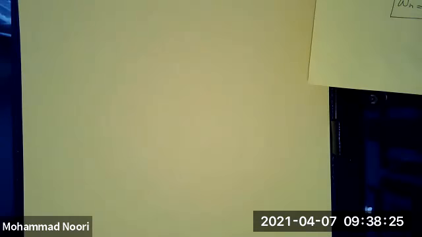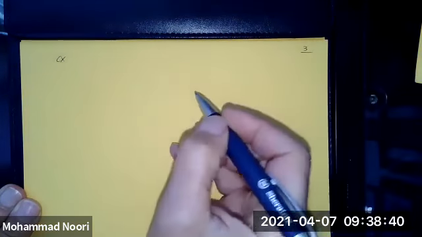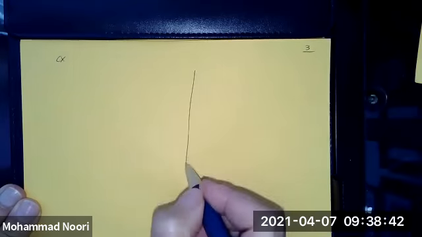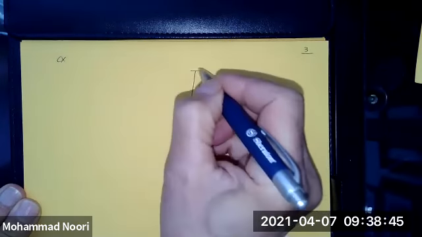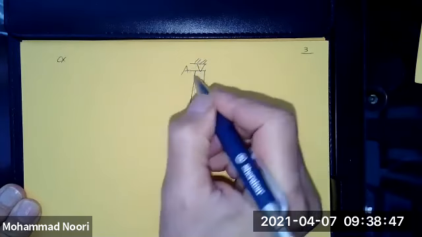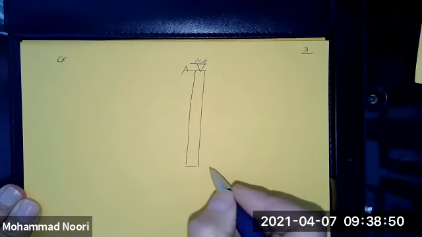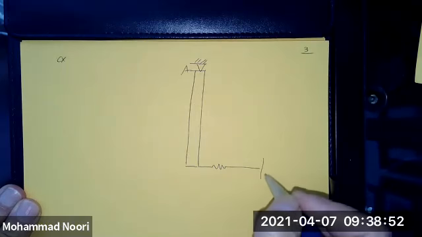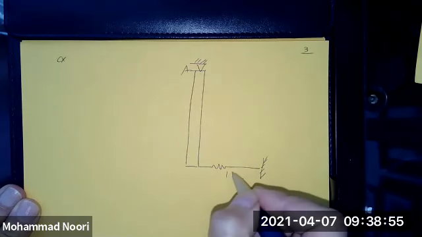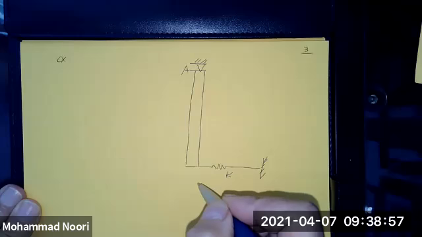So let's do another problem. Okay. So this is the problem I'm going to do here. Let's say now you have a rigid bar that is hanging from this point that is connected to, and a spring in an unstretched position like this is attached to it.